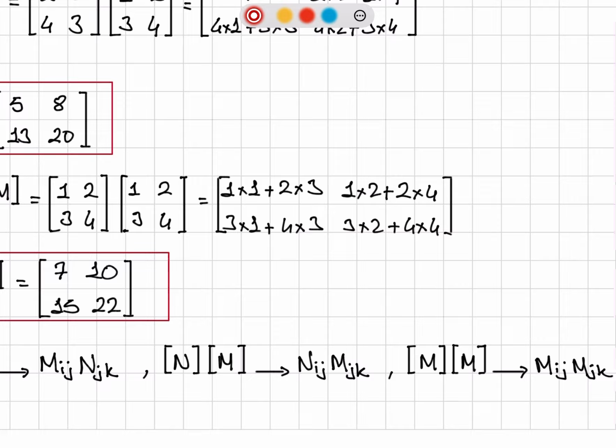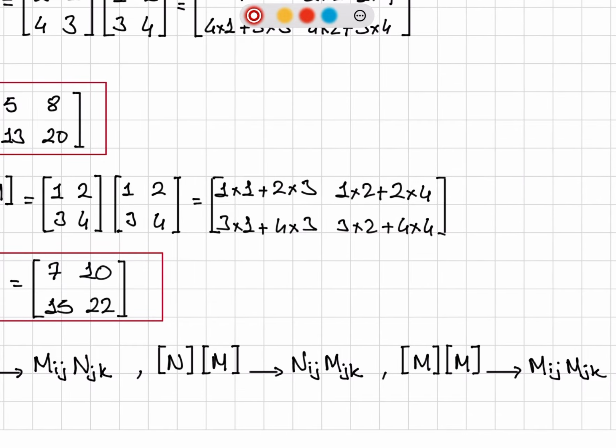For this one, I have i is equal to 2, j is equal to 1 multiplied with j is equal to 1, k is equal to 1, plus then I have i is equal to 2, j is equal to 2 multiplied with j is equal to 2 and k is equal to 1.